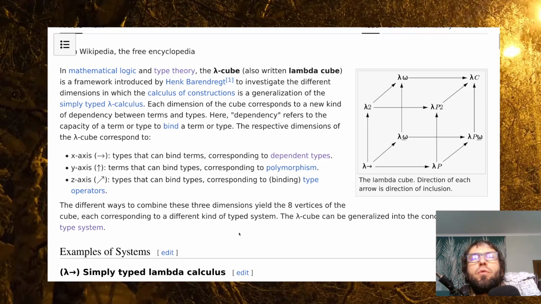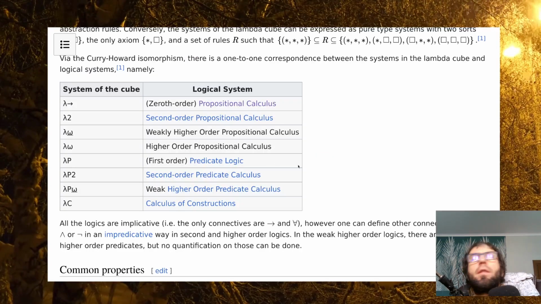Interestingly, the lambda cube doesn't contain all possible type systems, since there exist more type systems. There is a generalization of the lambda cube, the concept of the pure type system. Interestingly, there is a relationship between a type system and a logical system.